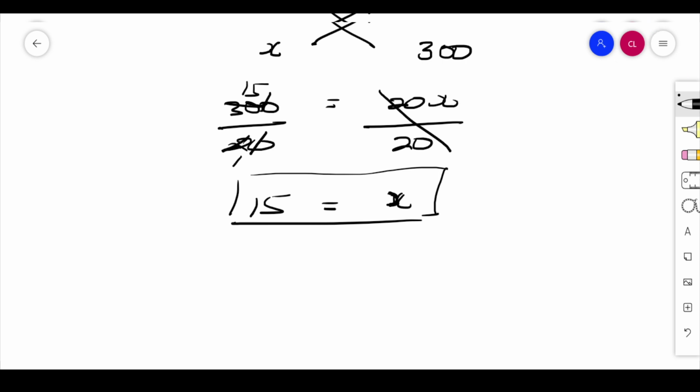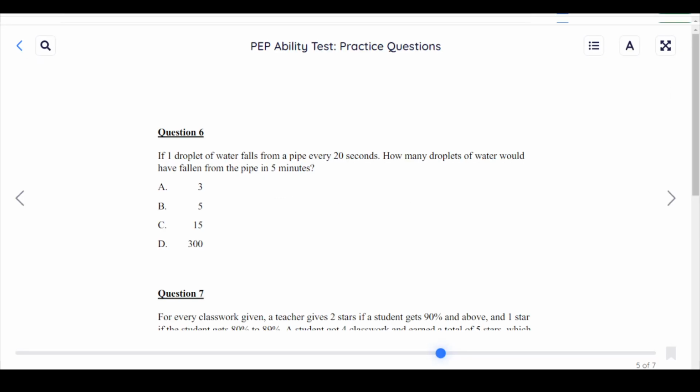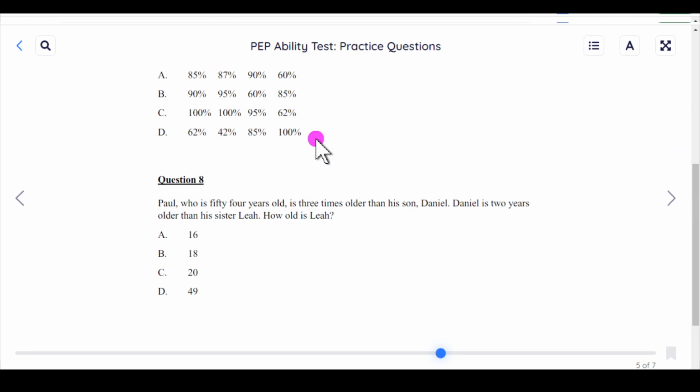Let's go back to our question and see if we have 15 there. Yes, we have 15 as our option. If 1 droplet of water falls every 20 seconds, in 5 minutes we should have 15 droplets of water. Let's go to question 7.